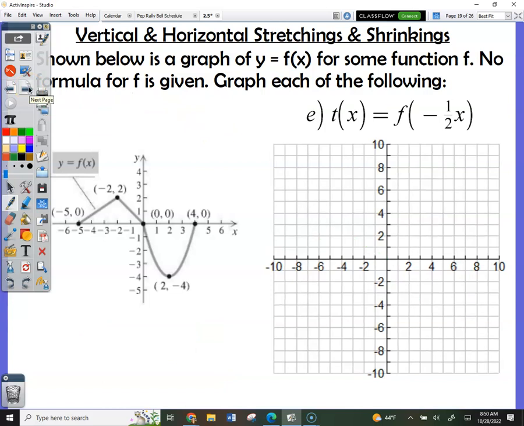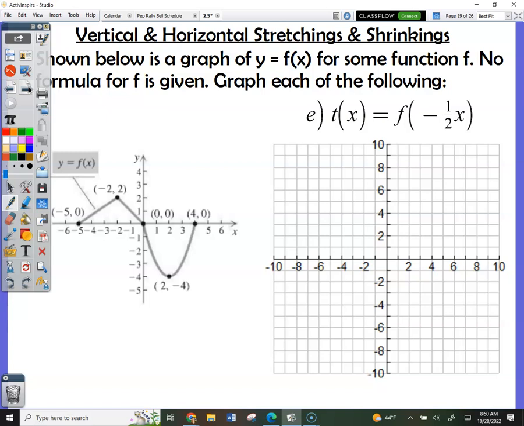How many things are happening here? There's 2 things happening. What's one of them?